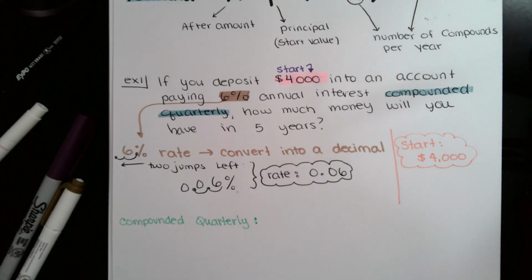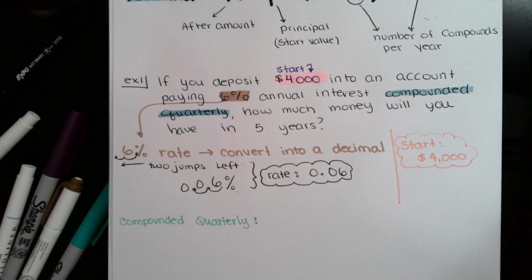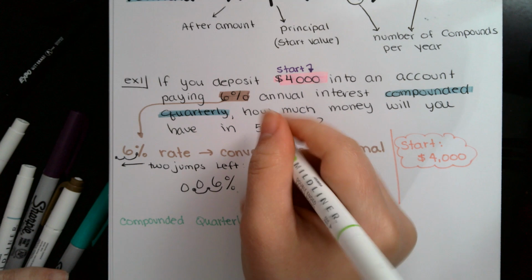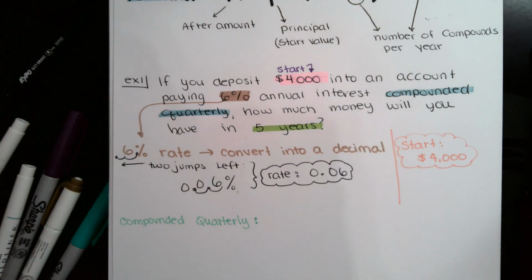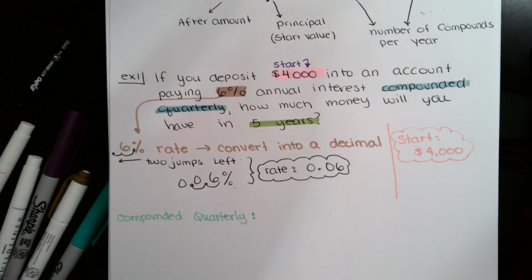Well, again, we'll talk about that in a moment. And then how much money will you have in 5 years? So 5 years is going to be your time in the number of years.